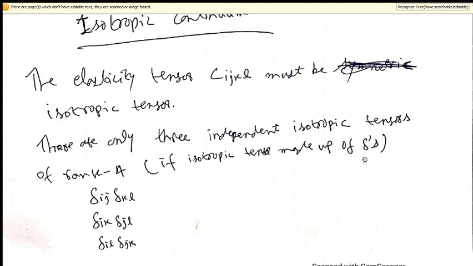Like delta has 1 0 0, 0 1 0, 0 0 1. Then in any Cartesian coordinate system, with any transformation, any rotation, these components will not change, and all the components will remain the same, 1 0 0 1 0 0 1 0 0.